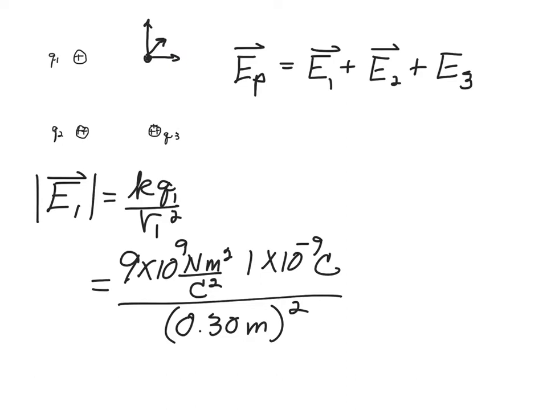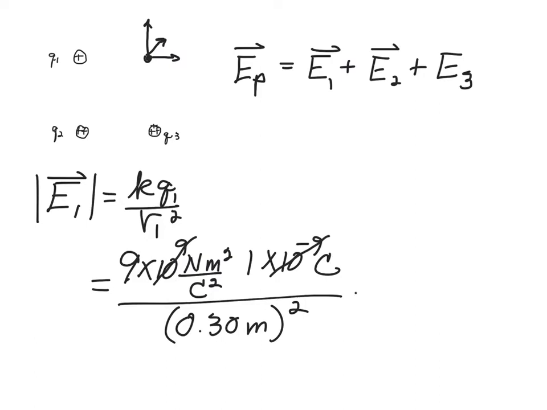So what am I going to do at this point? Just to make life easy, I'm going to let the 10 to the minus 9 and the 10 to the 9 cancel. So I have 9 divided by 0.3 meters squared, which ends up being 0.09.